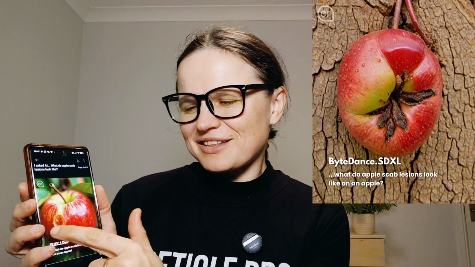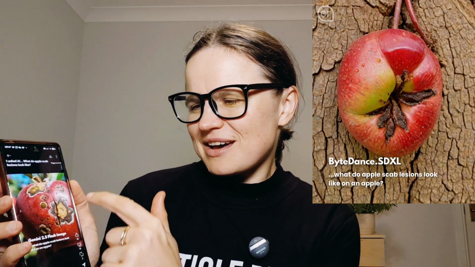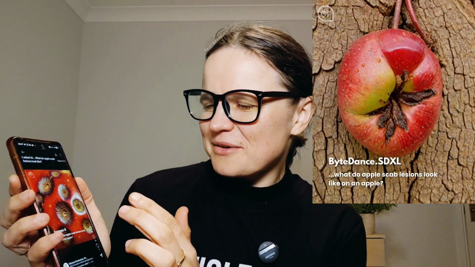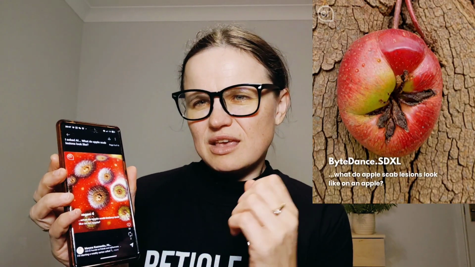And this is the point: if we think about all of them together, ByteDance has its texture, Flux has very nice coloring, Gemini has very good edges of lesions, and here we have these micro spots. They demonstrate the realistic texture of the apple. So altogether they are doing such a good job, but separately we still see that they are not perfect.